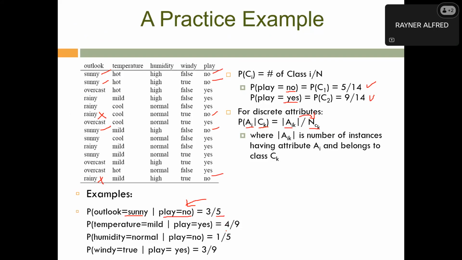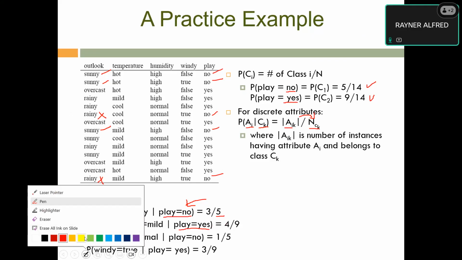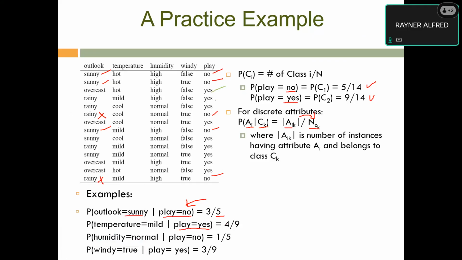Okay. So similar to this, if we have play equal to yes, we look at the yes, and how many for the temperature we have mild. So we have temperature mild one.